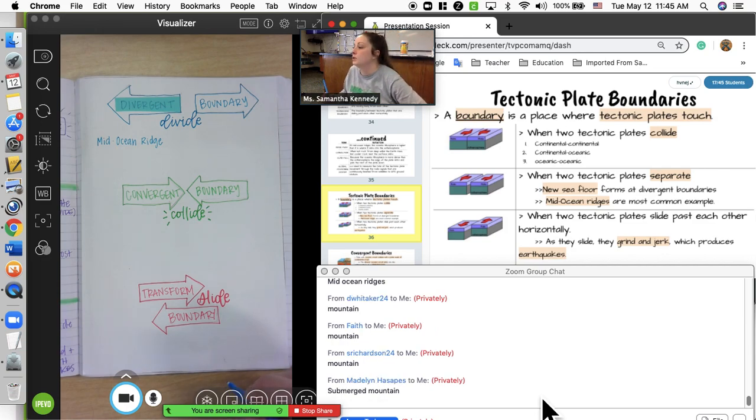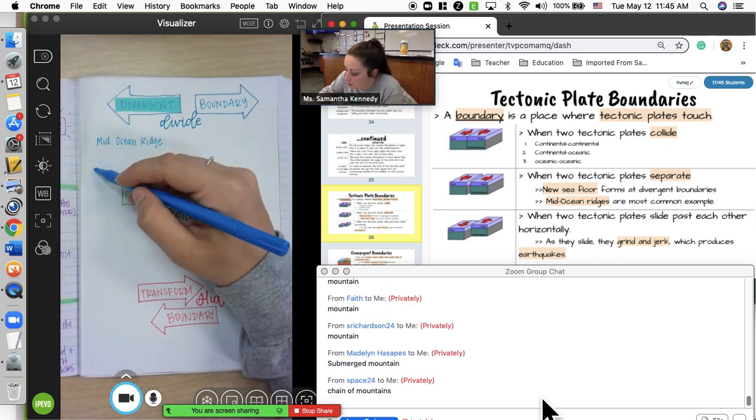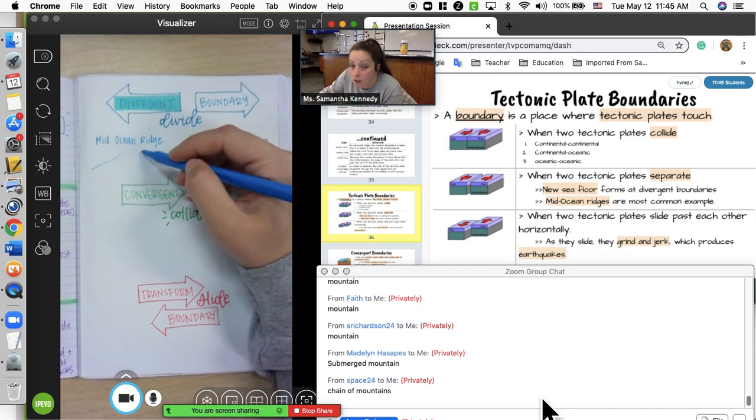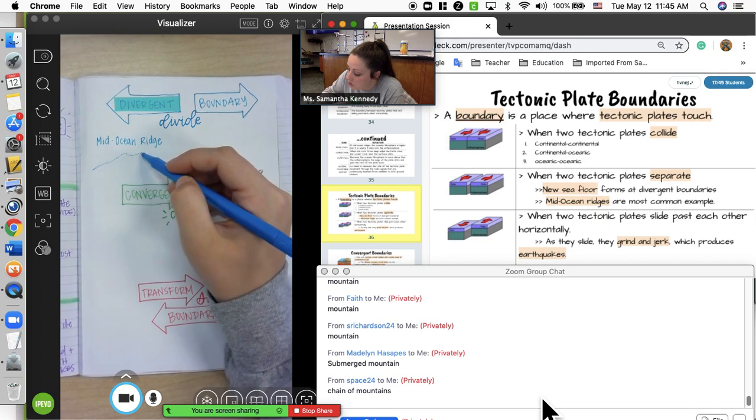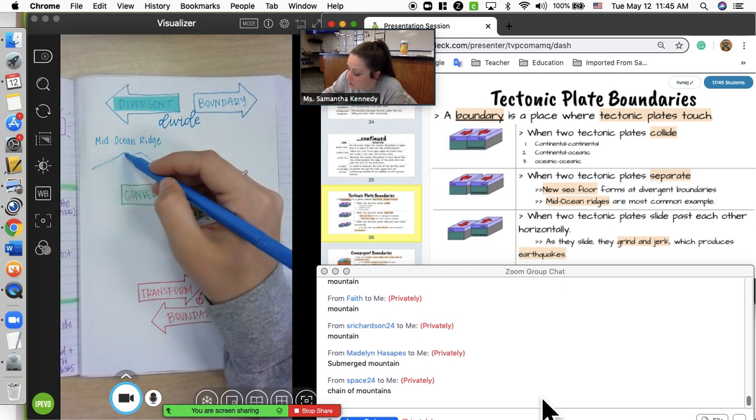So it does say mountain range in our textbook, and I'm thinking because it goes for so long. So we are just going to sketch some sort of mountain.